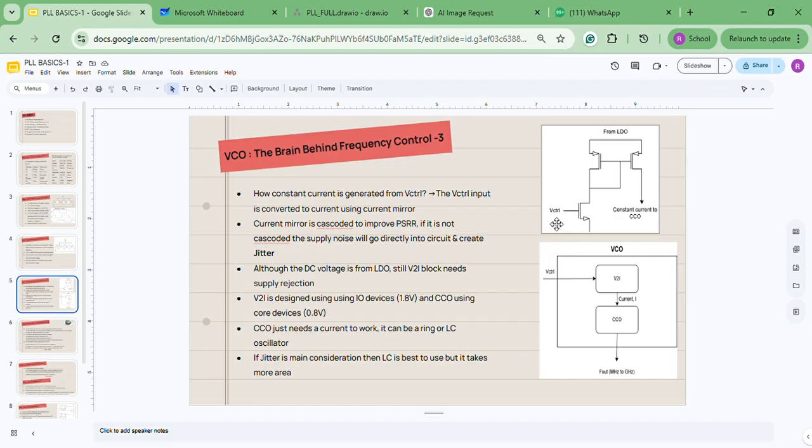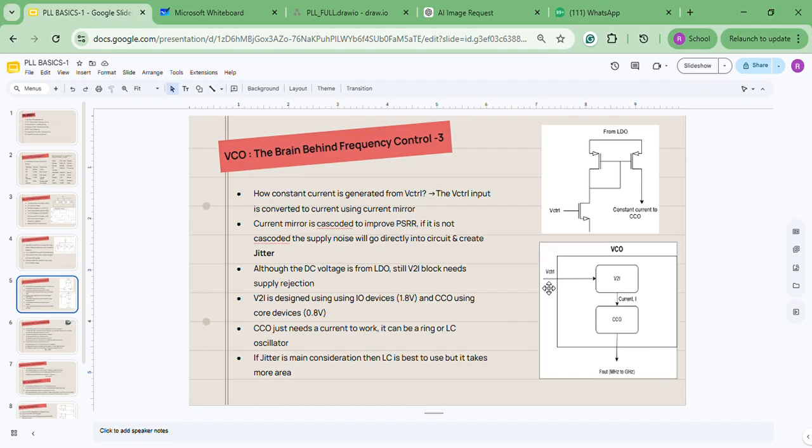This is our control voltage, which goes to a basic current mirror, where the control voltage is input to a GM device and it mirrors the current generated because of V control into another branch. This whole block we can call a V2I, which gives current I to a CCO, which we discussed in the last slide. This whole V2I plus CCO is called VCO.